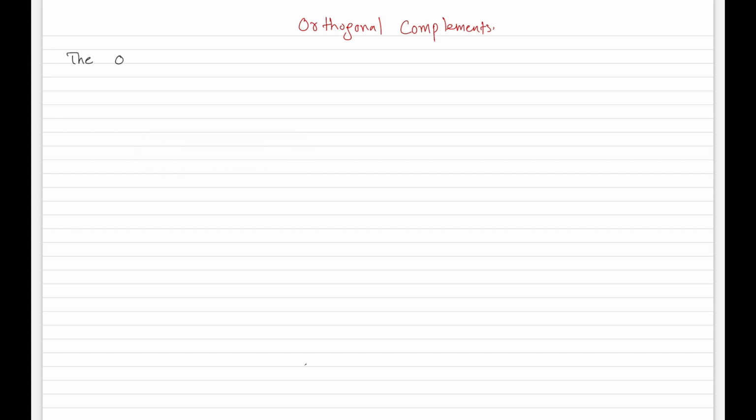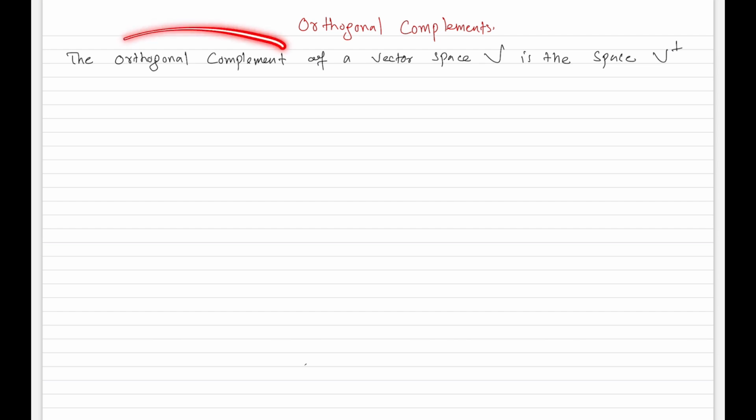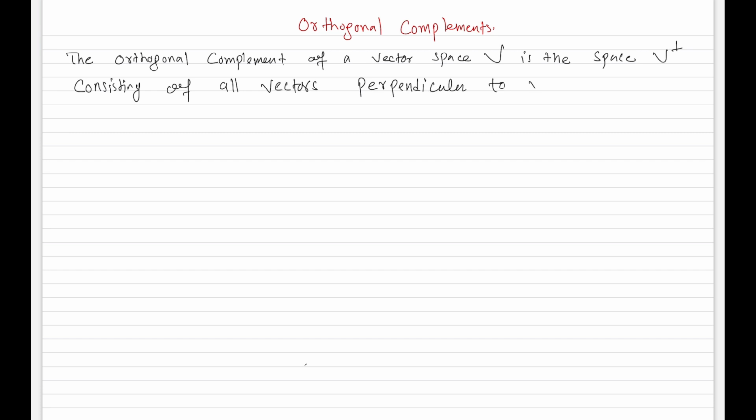The orthogonal complement of a vector space V is the space consisting of all vectors perpendicular to V, right? सो ऑर्थोगोनल कॉम्प्लीमेंट को मैं बोल रहा हूँ V perp और V perpendicular, राइट? सो जो ऑर्थोगोनल कॉम्प्लीमेंट स्पेस है दैट आई एम डिनोटिंग विद द V perp.